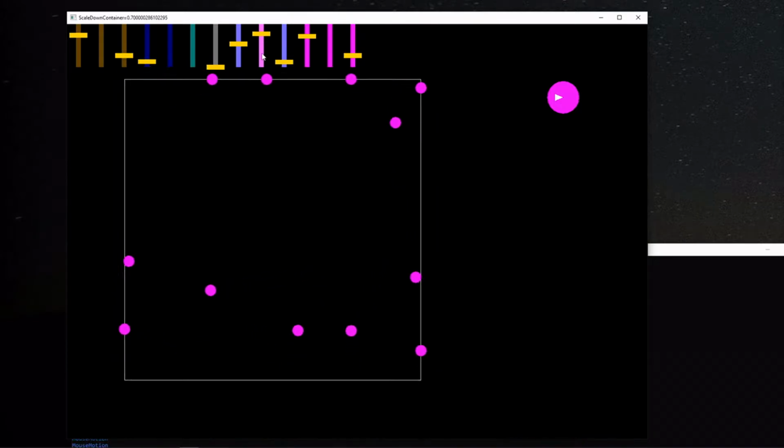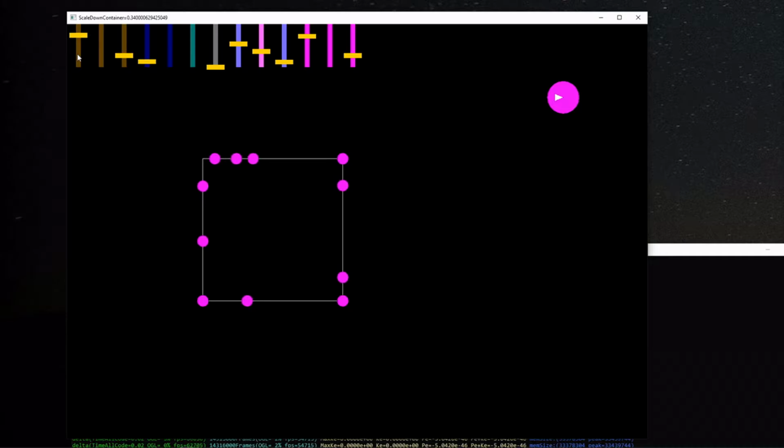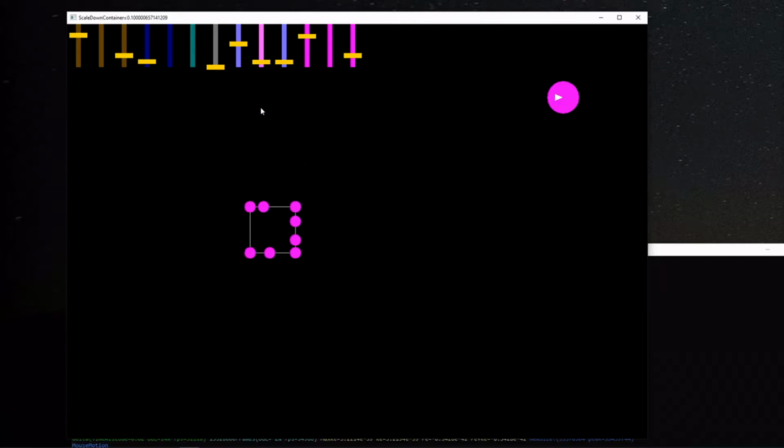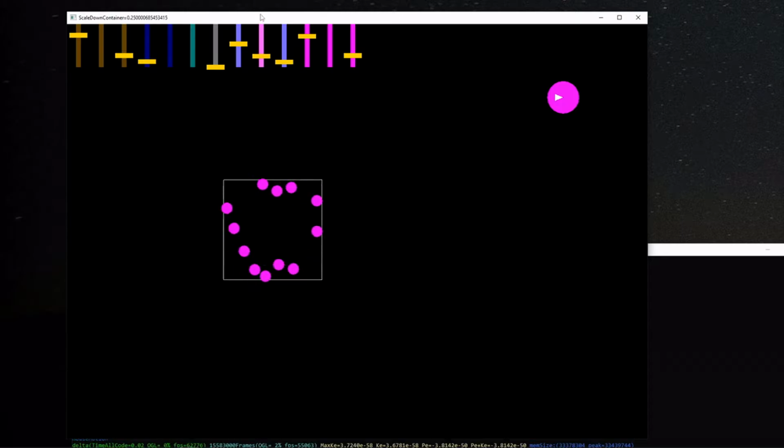If we contain them more and then stop them, we can really let the repel become apparent. They're all stuck on the sides. Here, let's do this. Stop. Open.